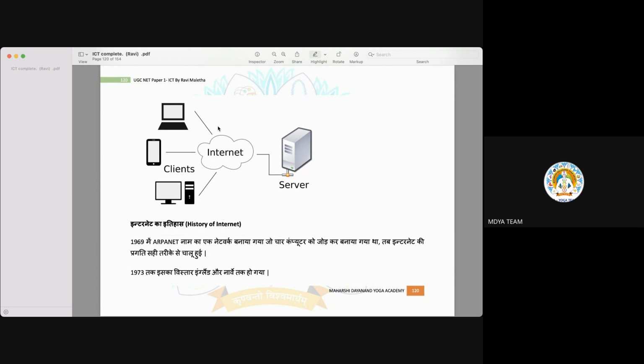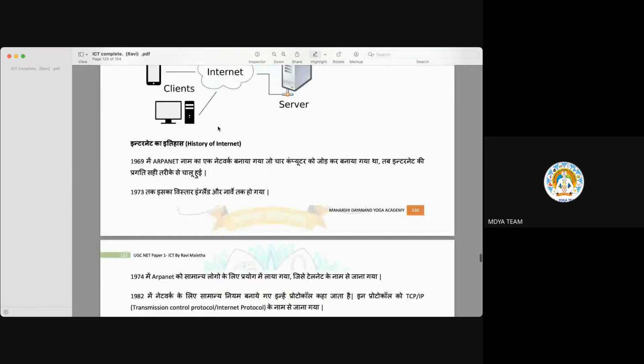You must know the full form of ARPANET. They developed this network for communication among the various bodies of government, including the Defense Department and the different parts of the defense. In 1973, it extended to England and Norway.